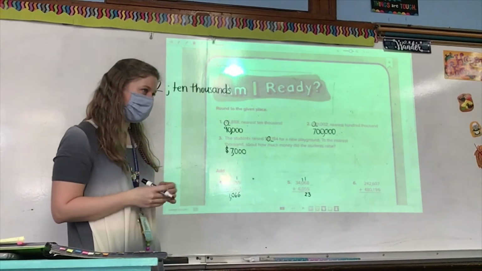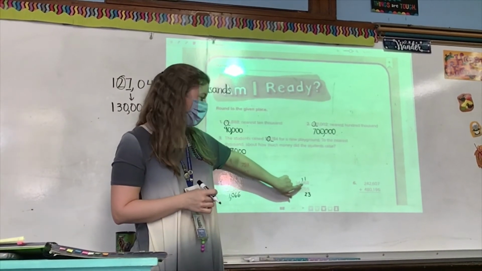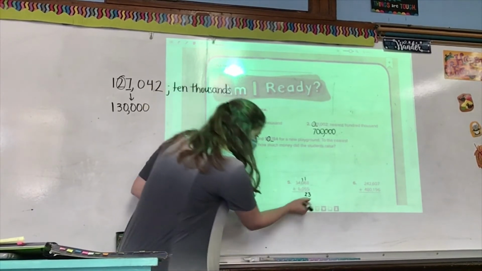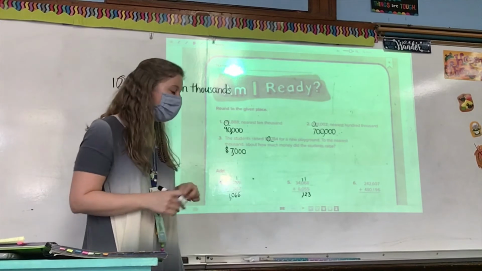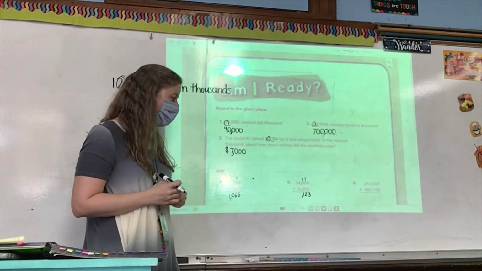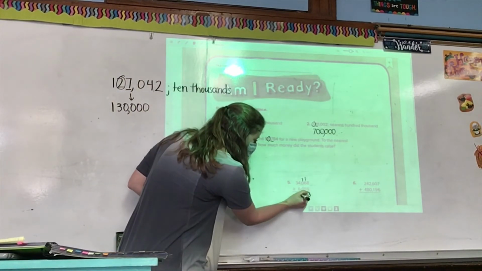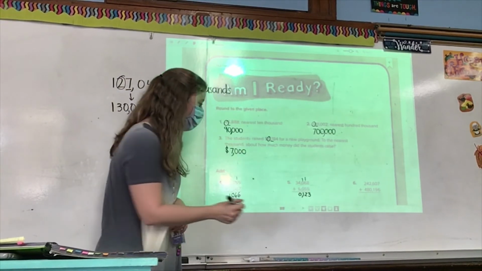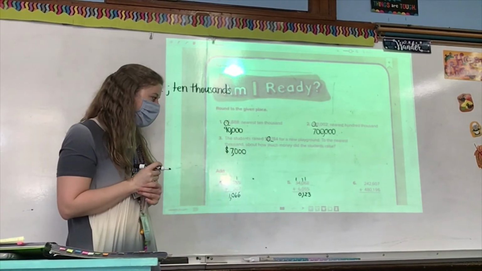Step 3. Add the 100s. 0 plus 0? 0. Plus 1? 1. We can go ahead and bring down our comma. Step 4. Add the thousands. 6 plus 4? 10. Can't write it in the thousands place, so we regroup the 1 to the 10,000s place. Step 5.